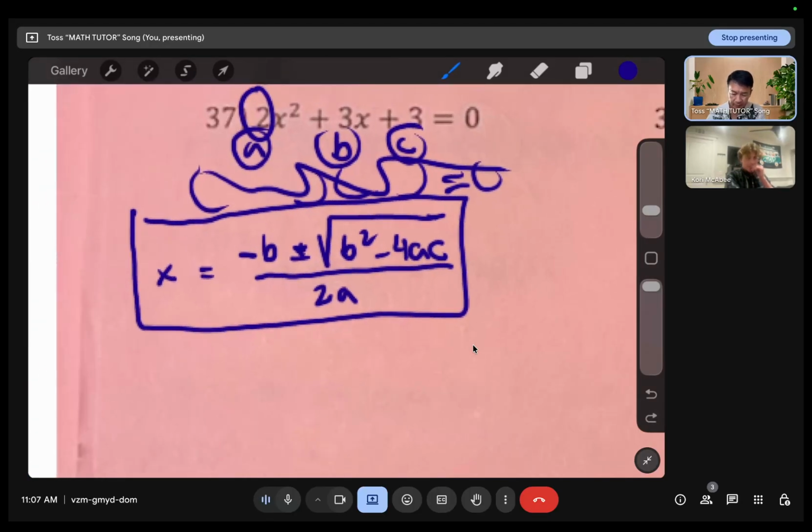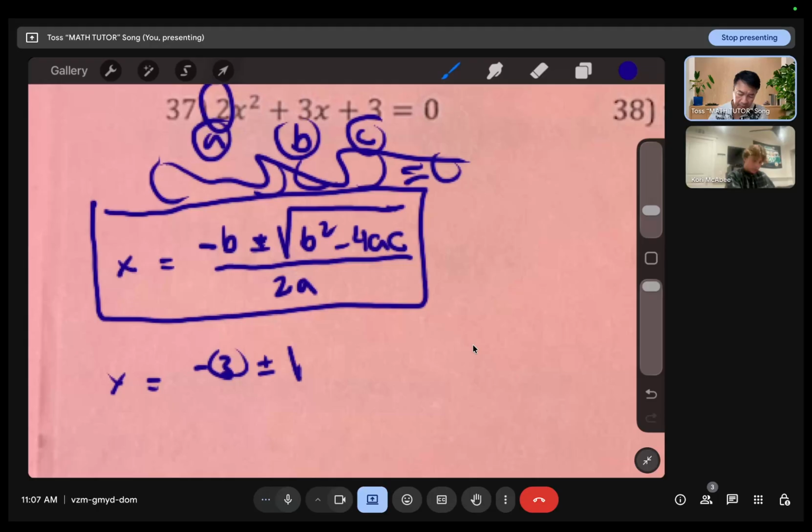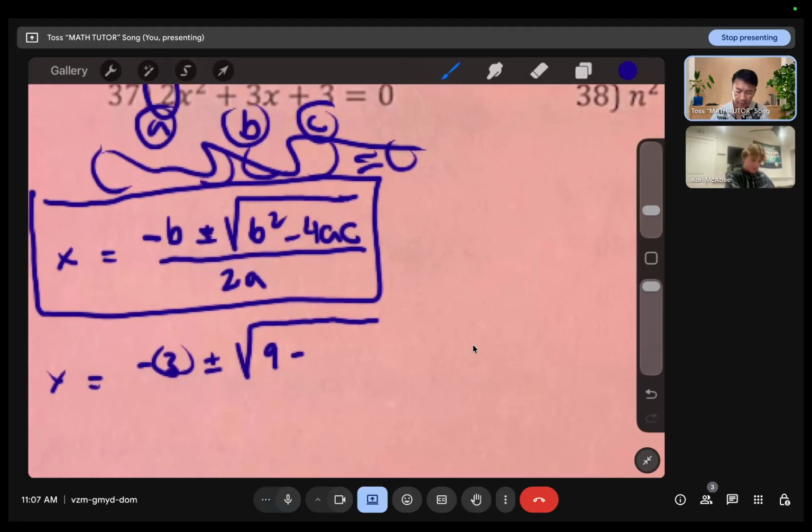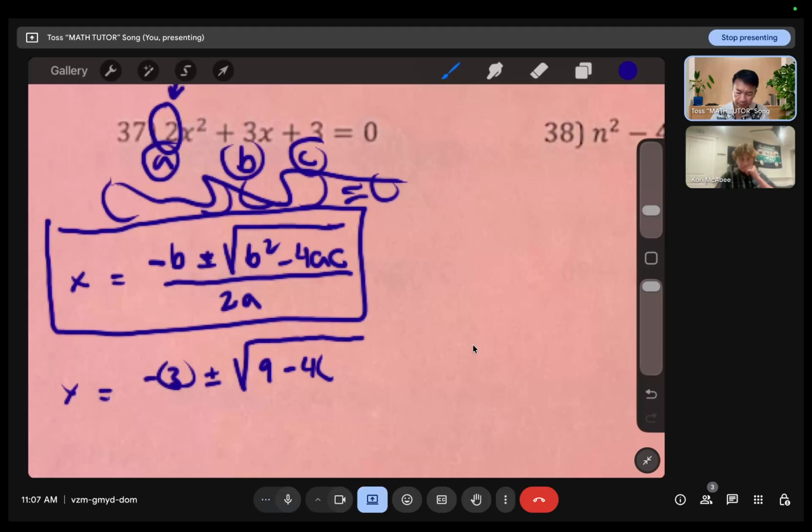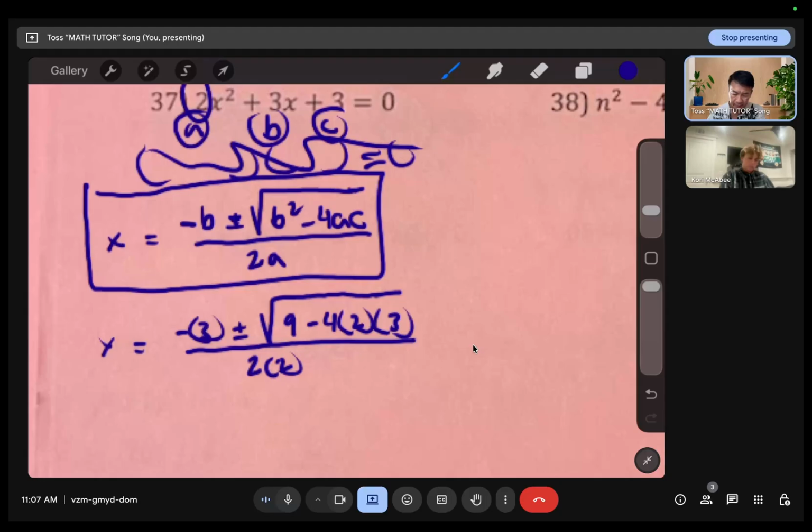Okay, so here we go. Let's do it. x equals negative B, which will be -3. You can parenthesize that to show that you plug in. And 3 squared, it'll be 9. I'll skip showing that plug in. 4, I will show the 4, substituting A and C here. 4 times A, which is 2, times C, which is 3. All over 2 times A, 2 times 2. Okay, clean this up.